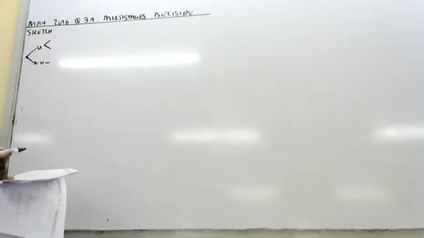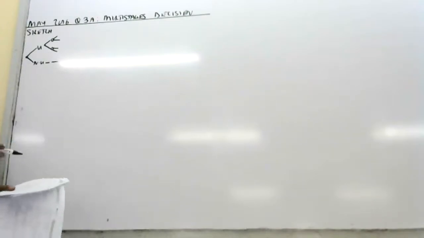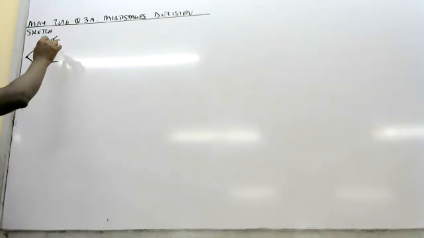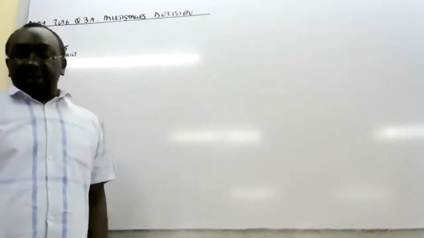But if you don't upgrade, the numbers will just remain. And the costs, when you upgrade, will also change to 2. But when you don't upgrade, the cost will remain the same. And that's all. So this tells you that we are going to have a tree that has 1, 2, 3, 4, 5 tails. The tree will have 5 tails.